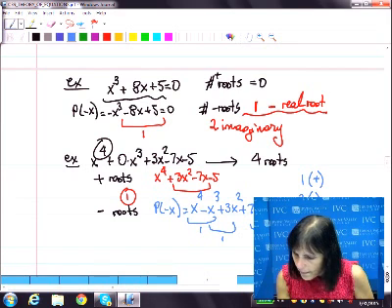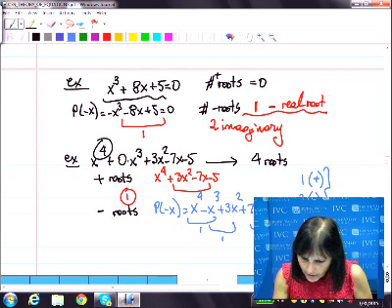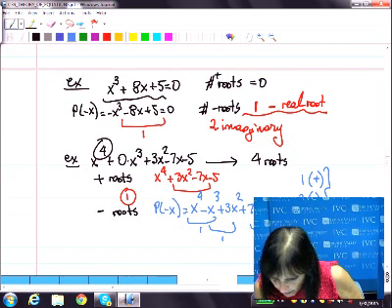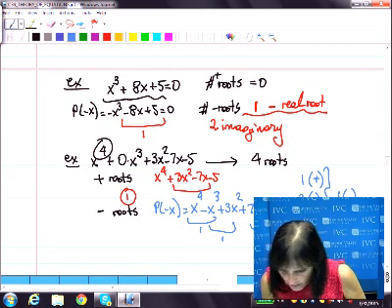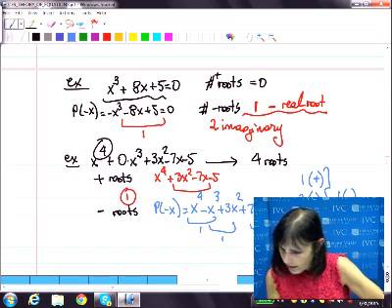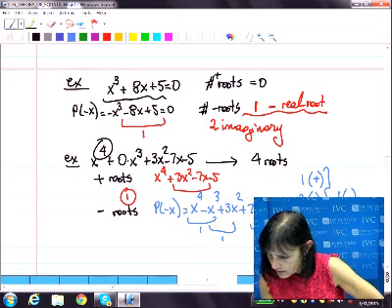Okay, what does that mean? That means I will have 3 negative roots, or I will have 2 less than that, 1 negative root. Does that make sense? Okay, so I have, let's see if I copied this right, plus 3x squared minus 7x.